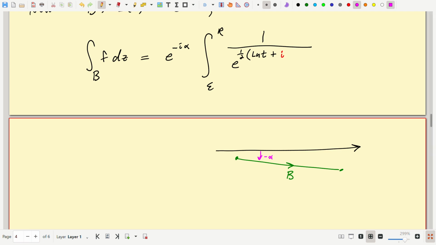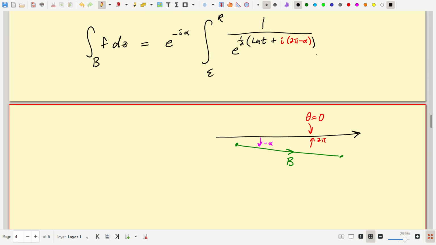And so if you think about it, remember I had theta going to 0 along the top, and theta going to 2 pi along the other side. And so the angle in the log function would be 2 pi minus alpha. Something different than the other side. And that's important, otherwise we'd get a big fat 0 when we add them up and cancel them.